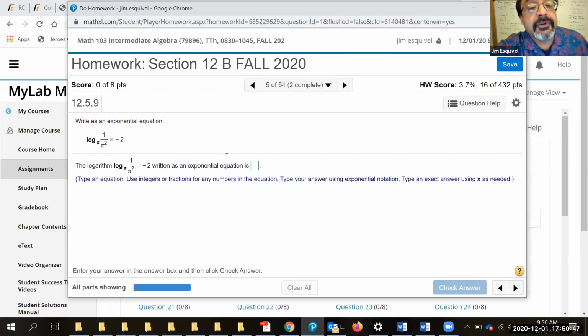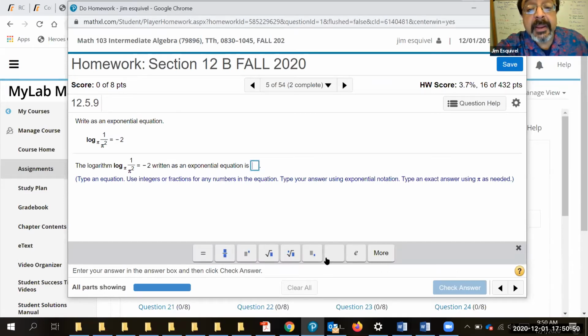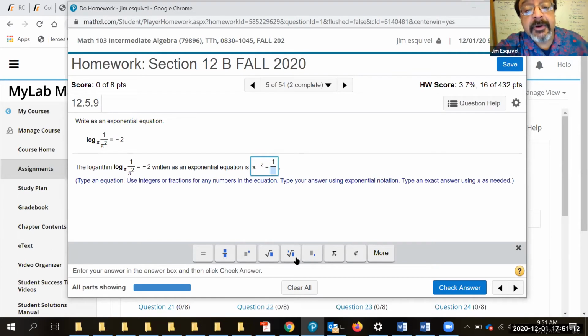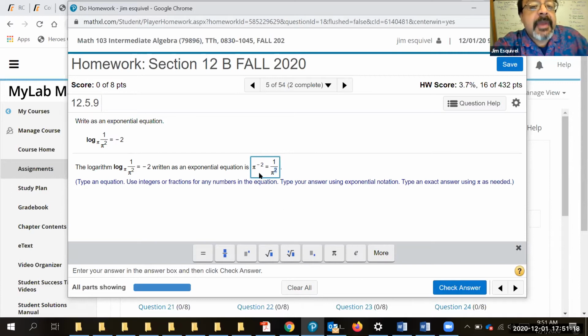So pi to the -2. Right here on your toolbar is a pi. Exponent, we put a -2, base to the across, and then equals what's inside, 1/pi squared. 1 over, and in the denominator you have pi squared. That makes perfect sense because if you have pi to the -2, you flip it down and it becomes pi to the +2.